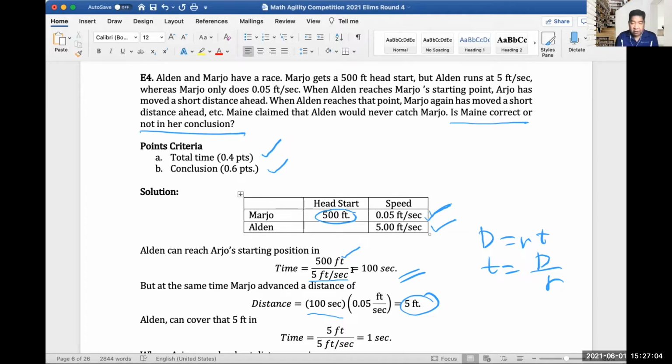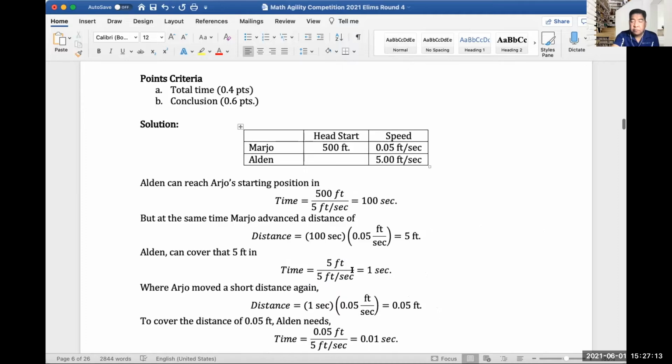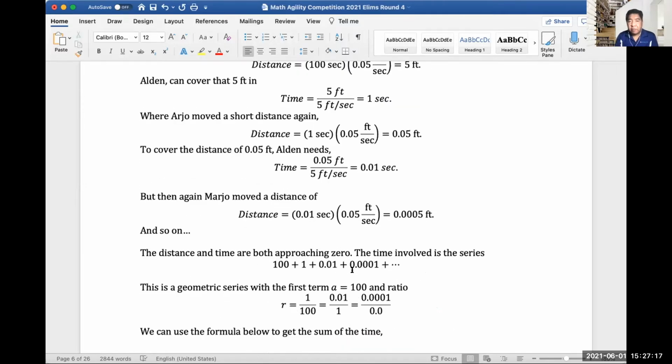How many seconds does Alden need to cover that 5 feet? The required time would be 5 feet divided by Alden's speed of 5 feet per second. That would require 1 second. Again, Marjo moved a short distance: within 1 second, he would move 0.05 feet.